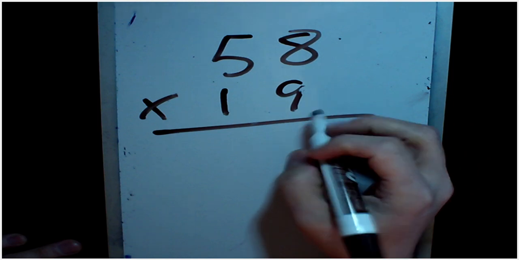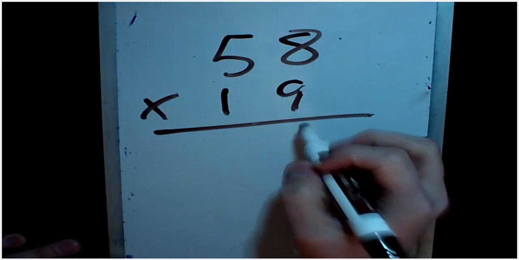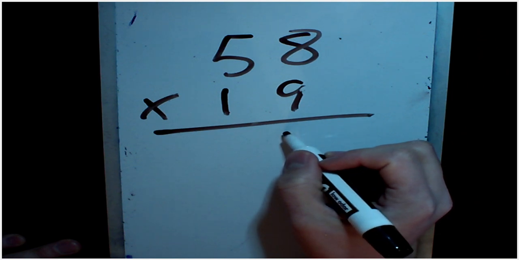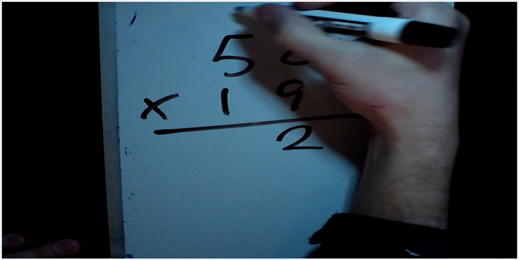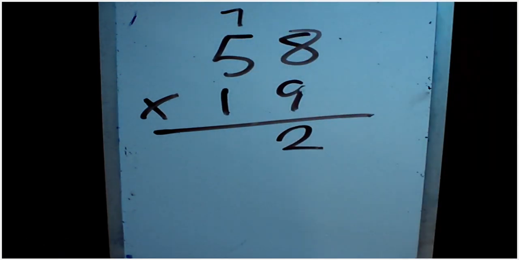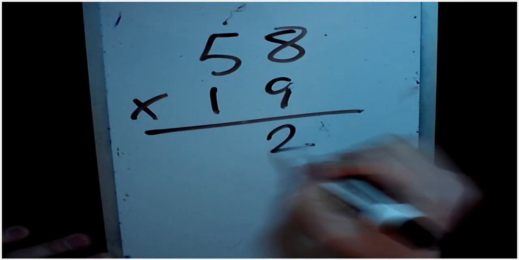So this is where you have to remember a little extra step. When you have a 72, it's just like when you are doing addition with regrouping. You're going to put your ones, and then you're going to carry your 7. You're going to add that 7 to the next multiplication you do. So 9 times 8 is 72. I'm going to put my 2 here, carry my 7 up here.